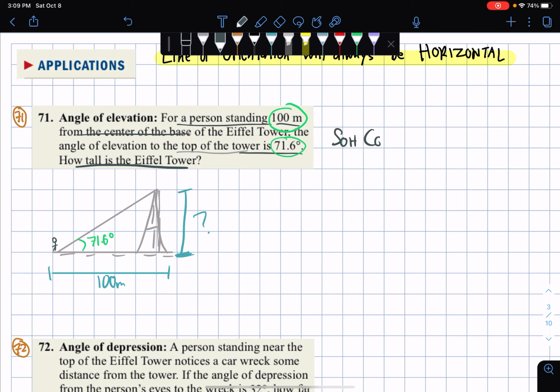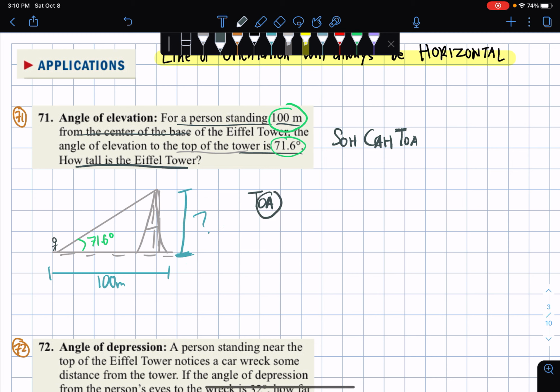In order to find that, we do have 3 choices to pick from. We have Sine, Cosine, and Tangent. I hope you've already learned about these choices, and based on the circumstances in number 71, it's best to use Tangent, for the reason that we are given adjacent and we're missing the opposite side.